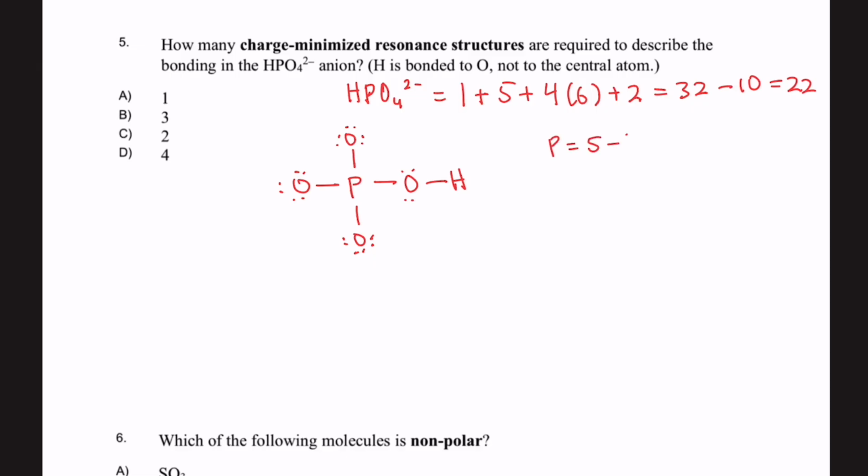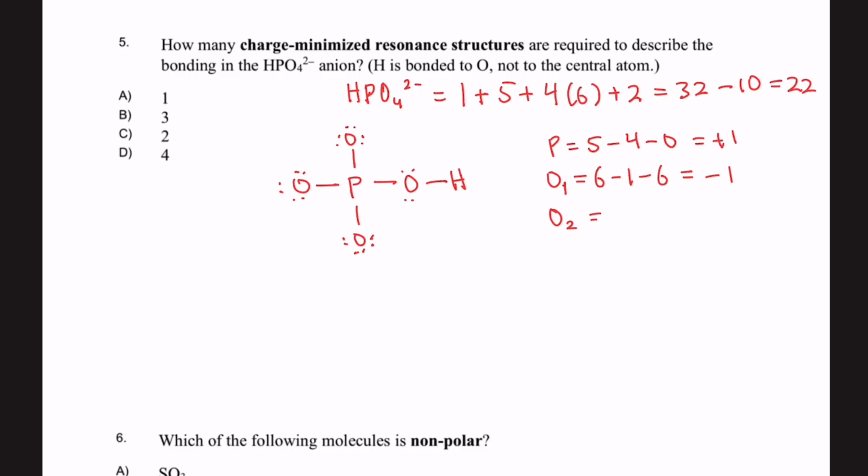This is 5 minus 4, and we don't have any lone pairs, so plus 1. The oxygens, I'm going to call it oxygen 1 for the ones that don't have hydrogen bonded to it. And it's going to be 6 minus 1 minus 6. So you'll get -1.